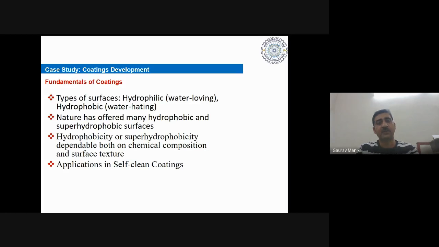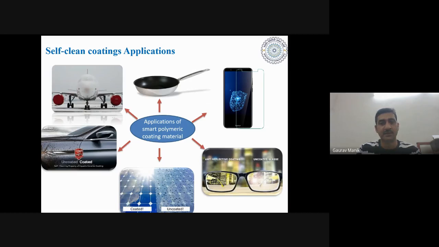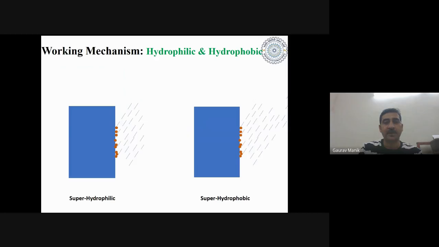We have employed this understanding from nature in evolving some self-clean coatings, and we're going to show some results using molecular simulations. The self-clean coatings have several uses, from automotive, to our households, to coating of solar panels, anti-reflective coatings on our specs or mirrors, and even in the aerospace industry. Now, this is the concept: superhydrophilic and superhydrophobic.